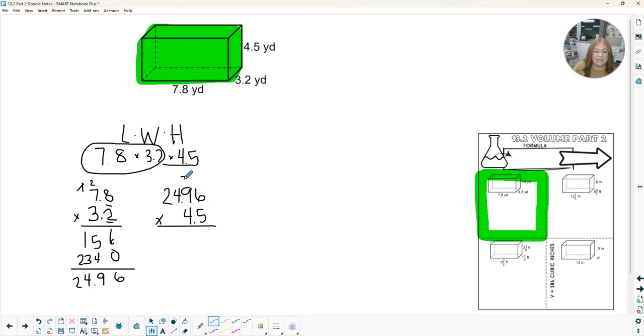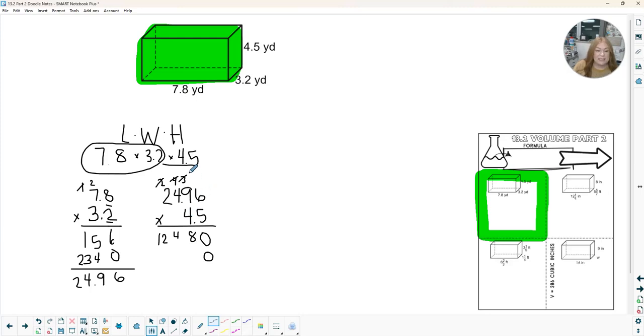So 5 times 6 is 30. 5 times 9 is 45, plus 3 is 48. 5 times 4 is 20, plus 4 is 24. 5 times 2 is 10, plus 2 is 12. Here's our placeholder. Now we need to multiply by 4.